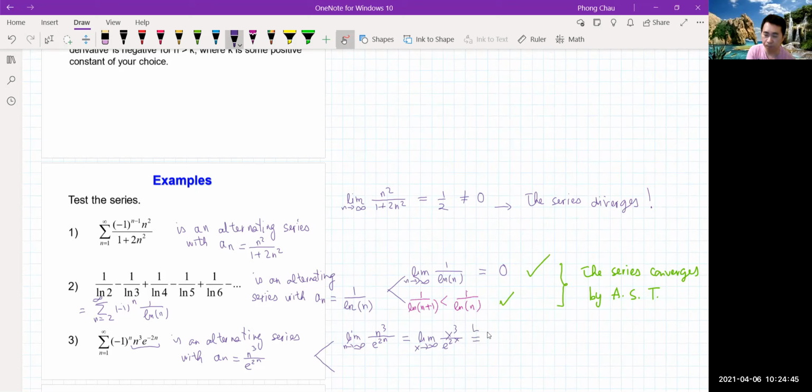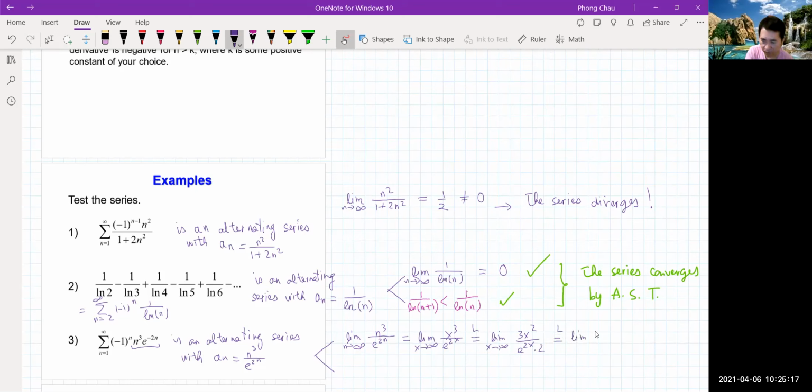By the L'Hopital rule, we just take the derivative of the numerator, that's 3x squared, over the derivative of the denominator, that is e to the 2x times 2, as x approaches infinity. Now, because the numerator again approaches infinity and the denominator approaches infinity, I can apply the L'Hopital rule again.